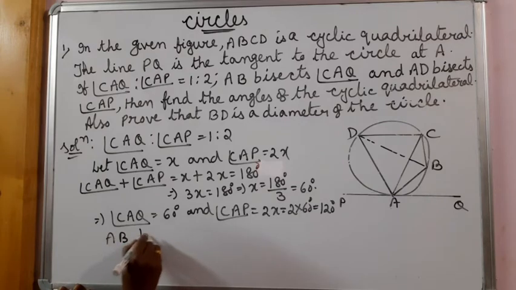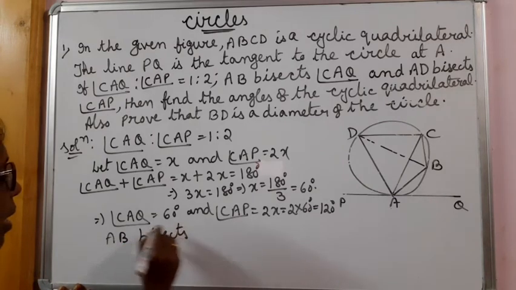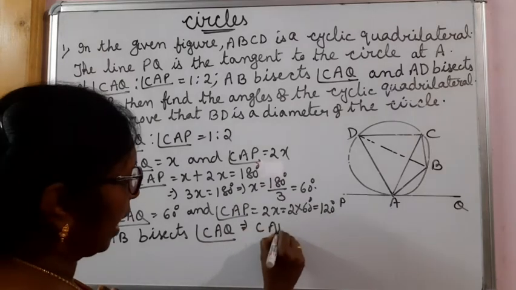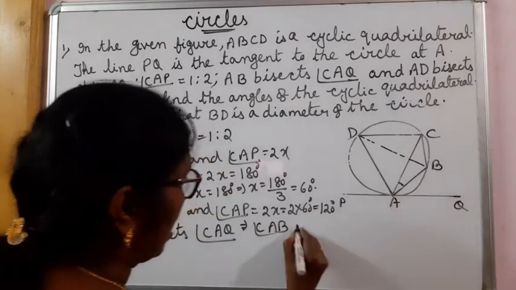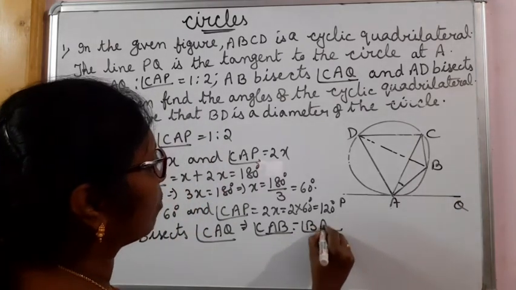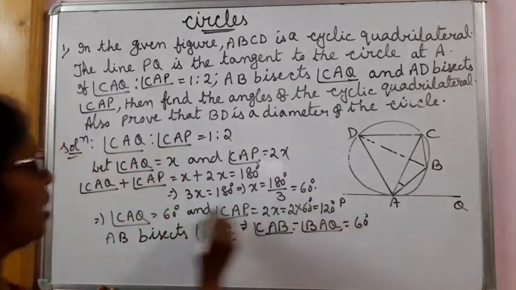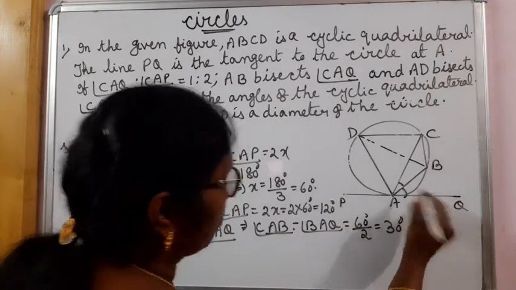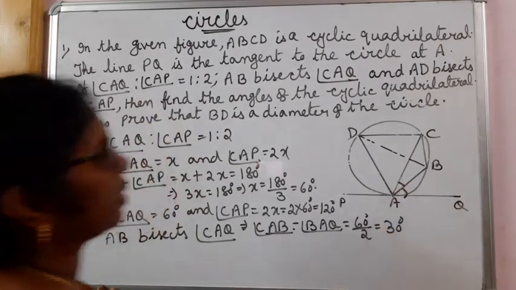That means angle CAB is equal to angle BAQ. Angle BAQ, that is 60 degrees by 2, gives you 30 degrees. That means this is 30, this is 30.